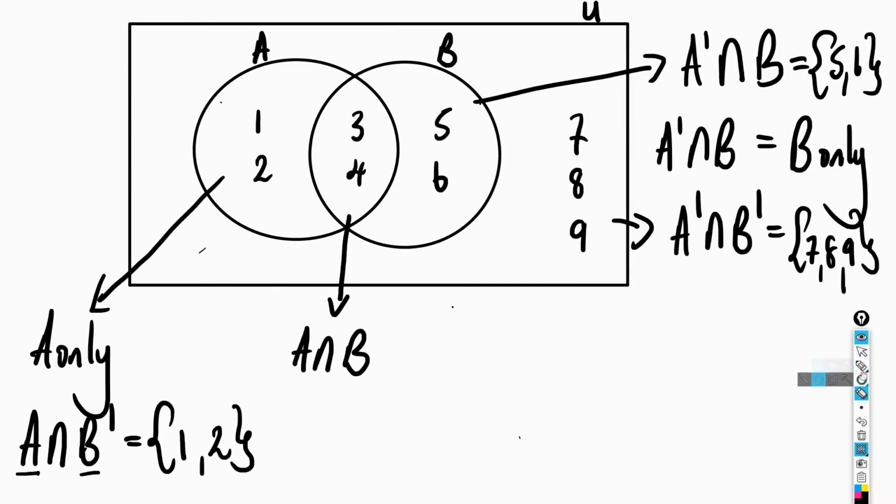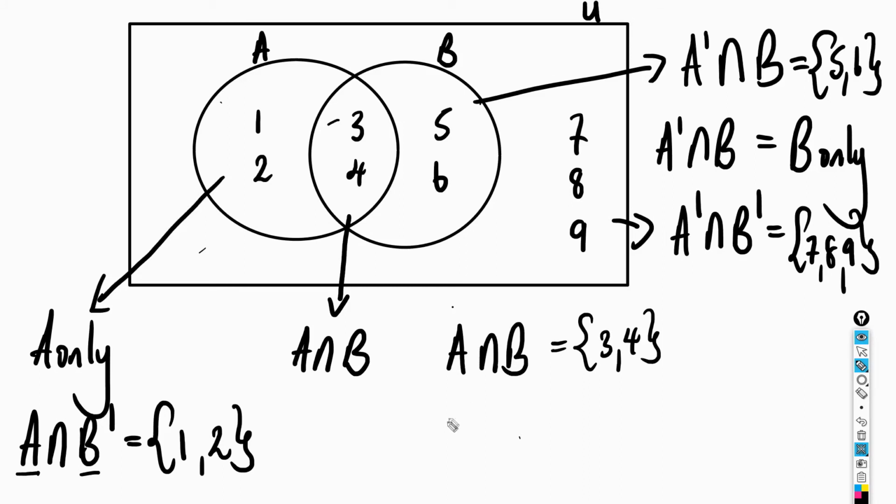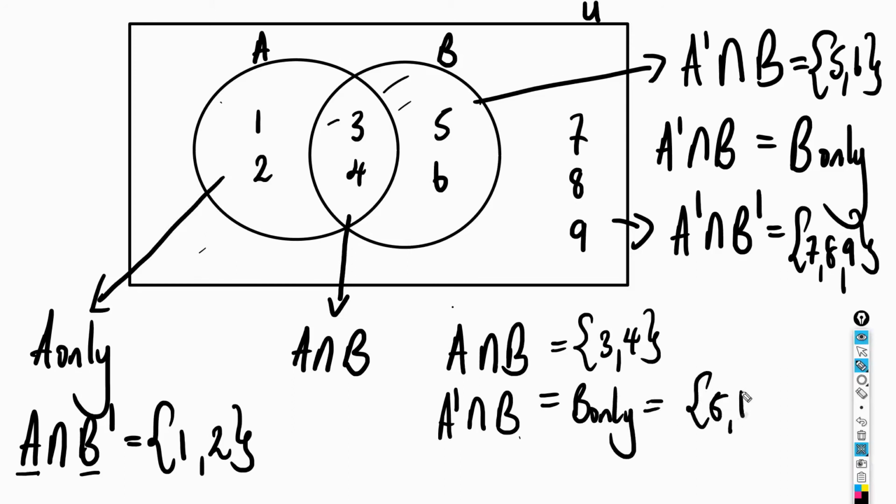Cool. All right, guys. So when we're working with Venn diagrams, I think those are the most important sections. A intersect B, which is the shaded region in between here, so that's 3 and 4. Then we have A prime intersect B, which is equal to B only, which is 5 and 6.